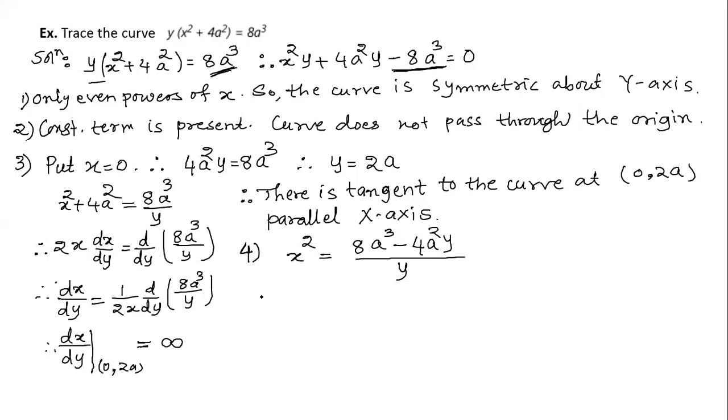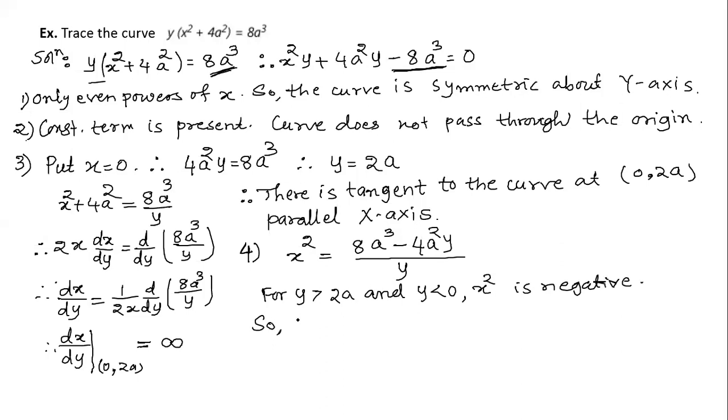So we can say that for y greater than 2a and y less than 0, x square is negative.